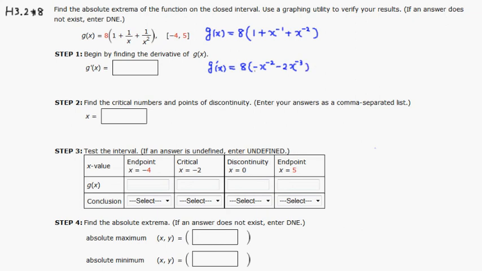Since both have negative signs, I'll pull out the negative sign, so that's going to be negative 8, right? Then you have x to the negative 2 is 1 over x squared, and so, plus 2 is on top, and x cubed on the bottom, right?